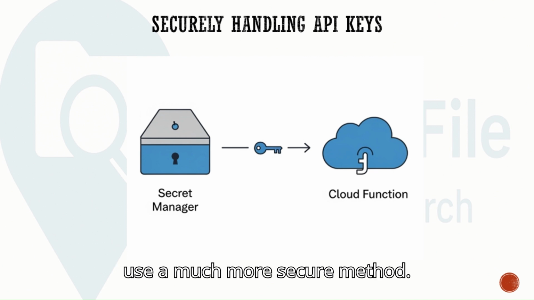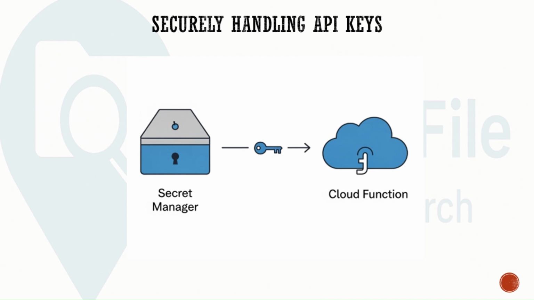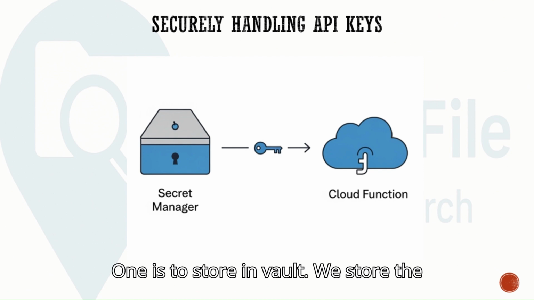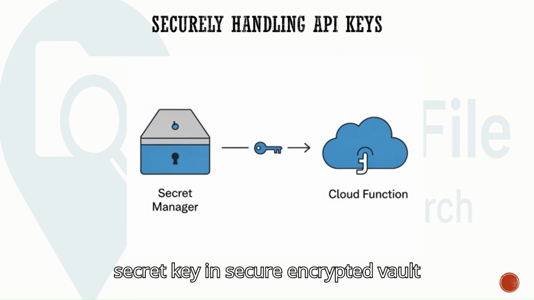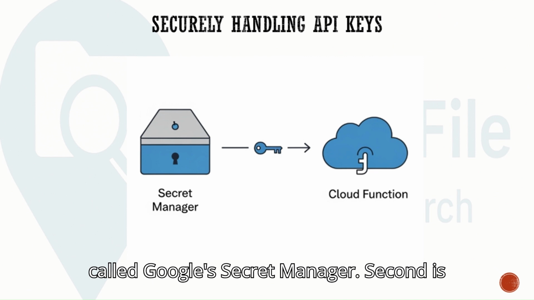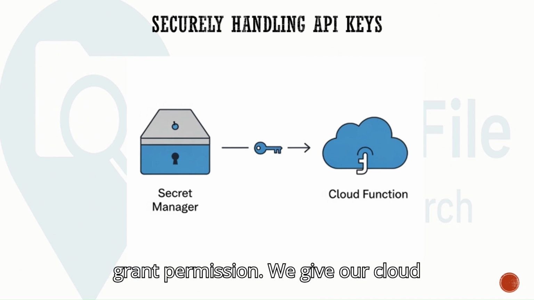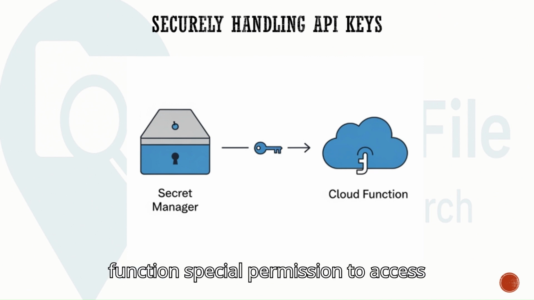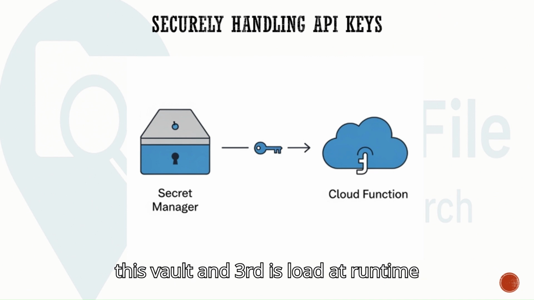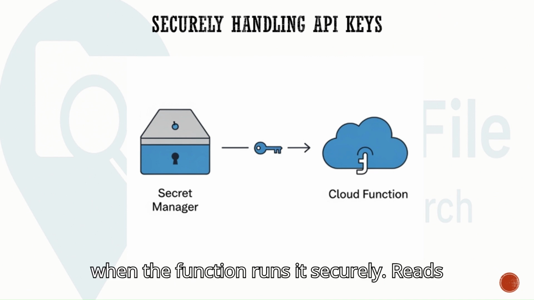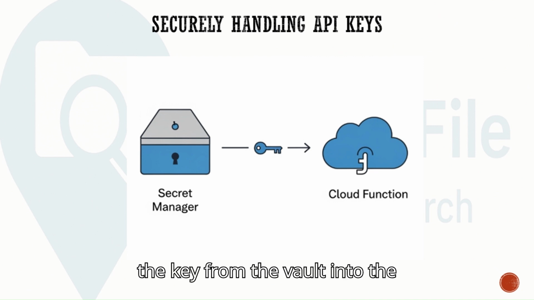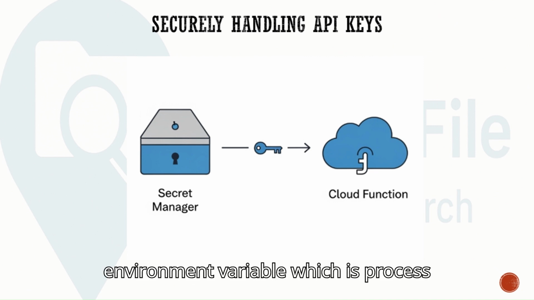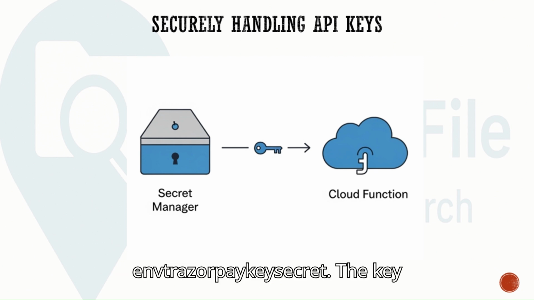We use a much more secure method. One is to store in a vault. We store the secret key in a secure encrypted vault called Google's Secret Manager. Second is to grant permission. We give our cloud function special permission to access this vault. And third is to load at runtime. When the function runs, it securely reads the key from the vault into the environment variable, which is process.env.RAZORPAY_KEY_SECRET.